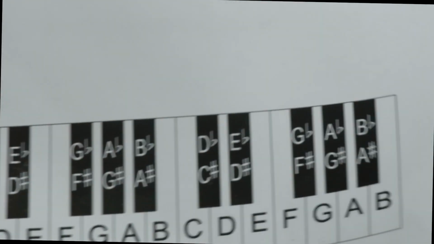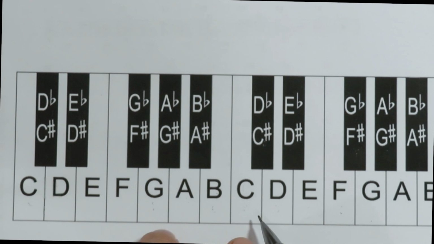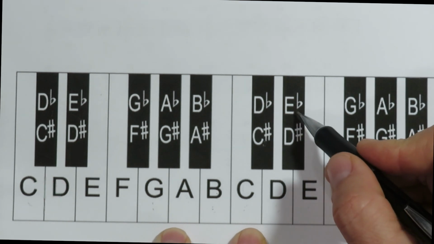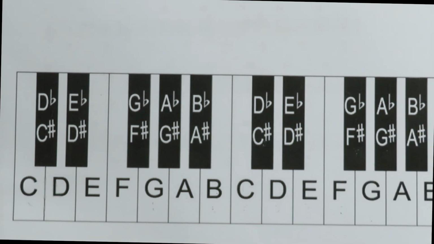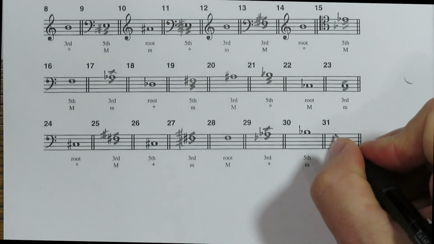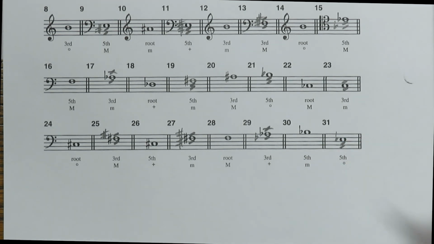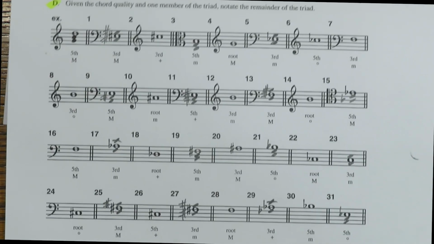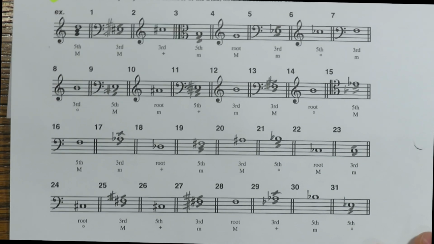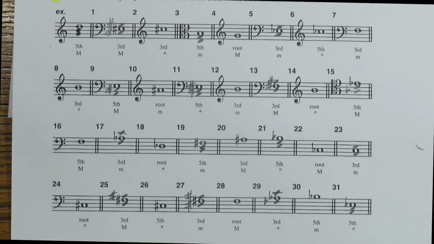So if we have A, C, E as a minor triad, we make it diminished by lowering the fifth a half step. A, C, E flat. There it is, and we're done. So go ahead and fill out the rest, and I'll see you in the next section.